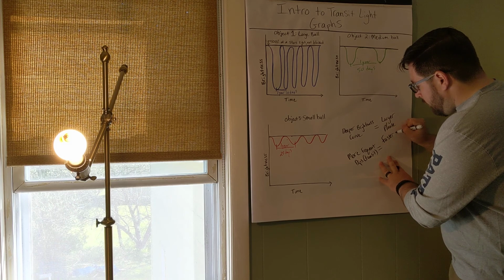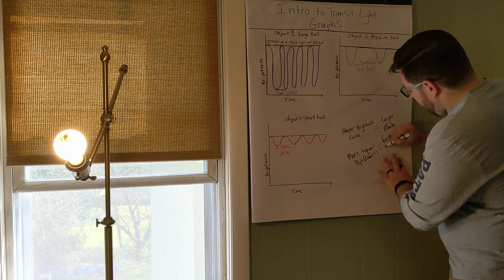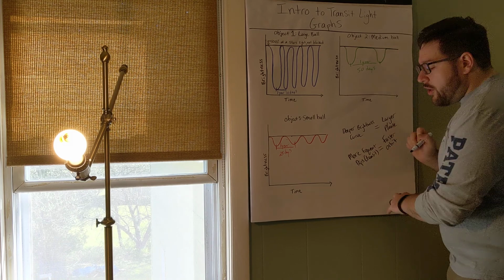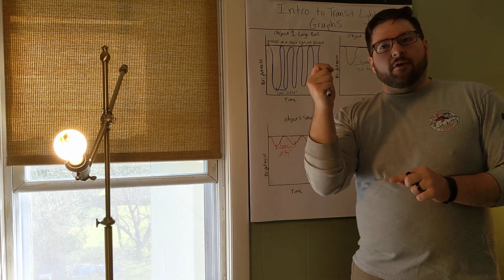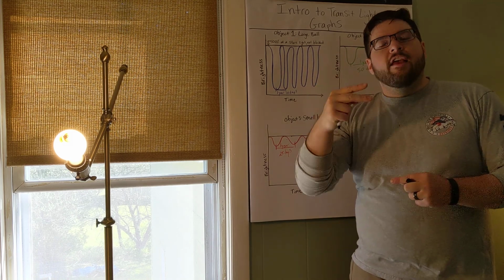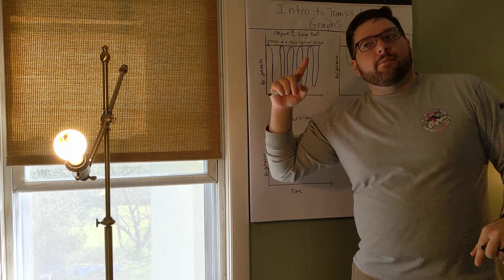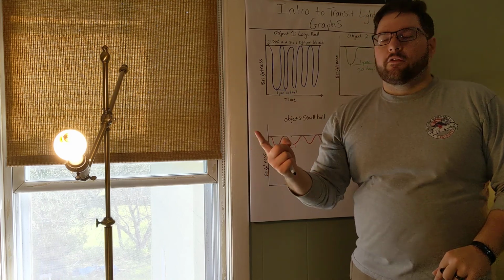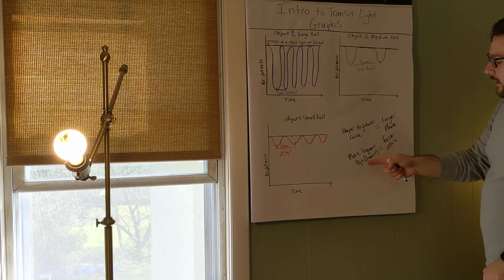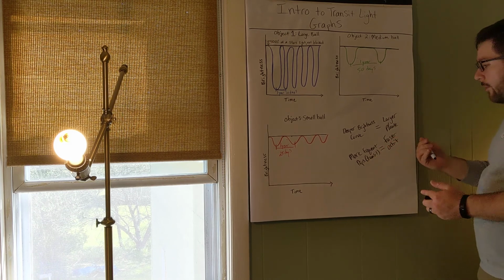Because think about it. When you have a short string and you're swinging something around, it goes really fast. If you have a long string, it takes much longer for it to go all the way around. So more frequent dips or transits is a faster orbit.